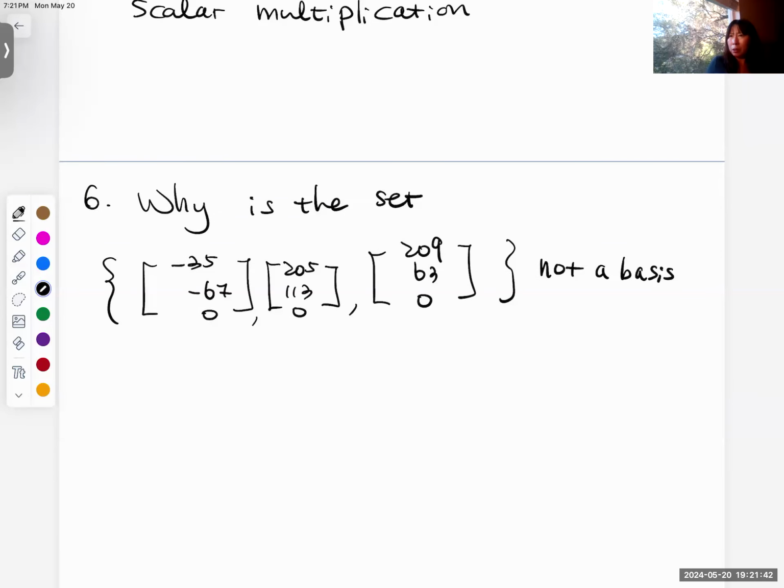What do you mean? So since the Z component is 0, they're all in the same plane, so they're linearly dependent.